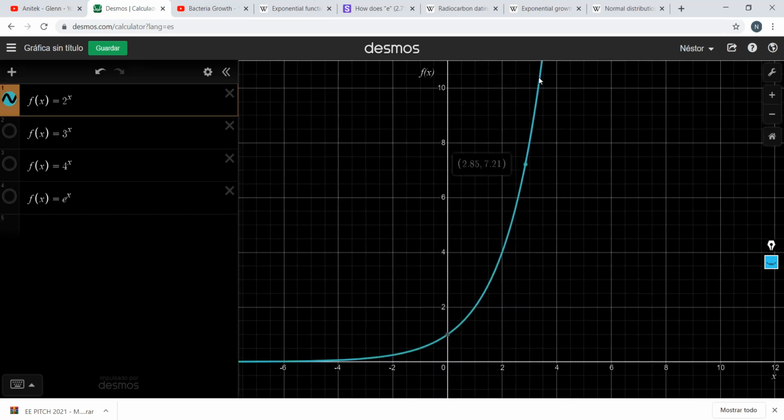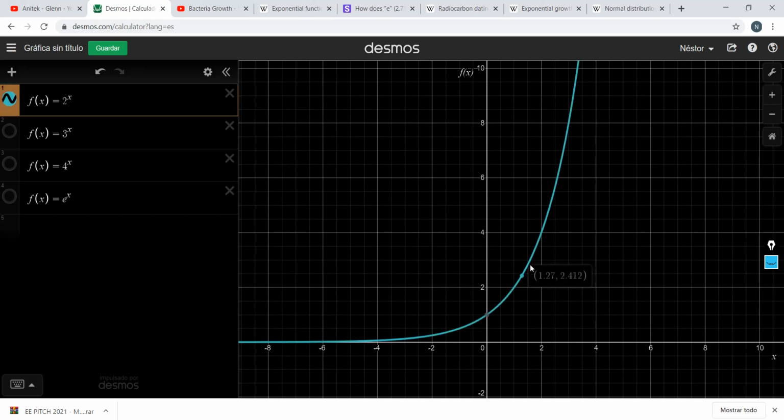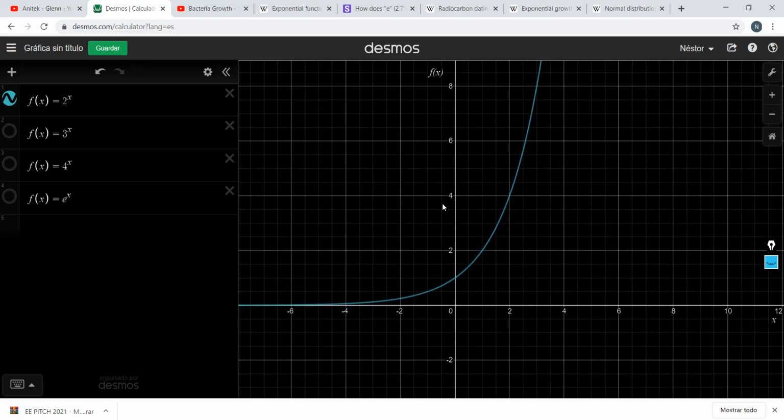So basically all the numbers above the x-axis, from 0 and not counting 0, all the numbers greater than 0, are being swept by the graph of the function. All the numbers greater than 0, and that's how we find the range.